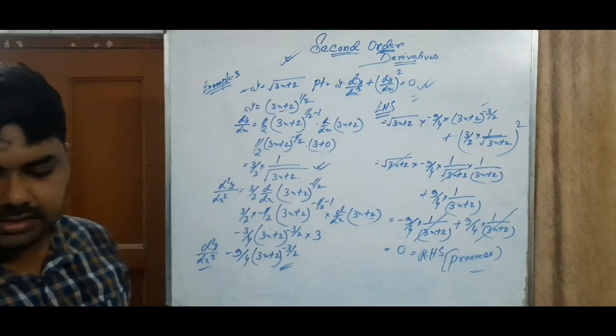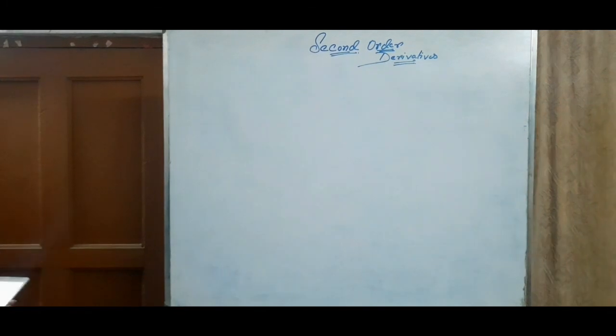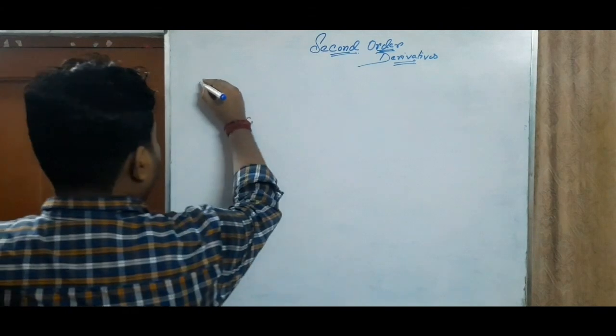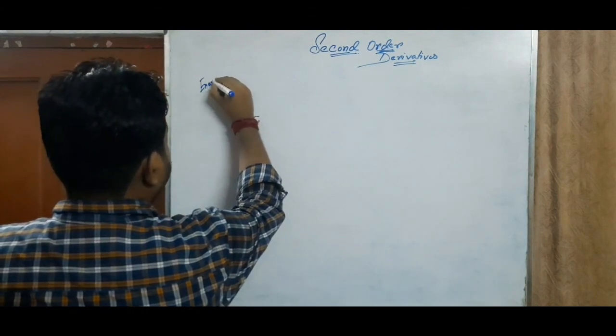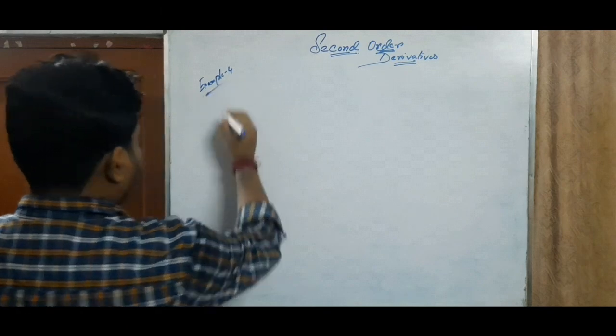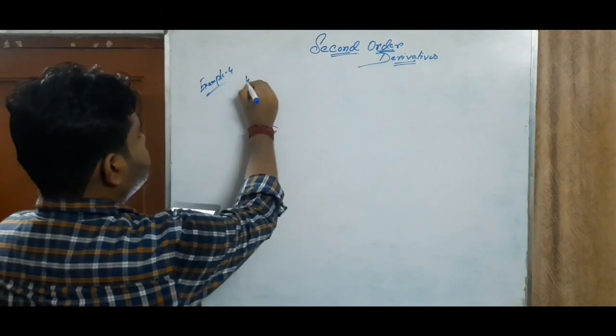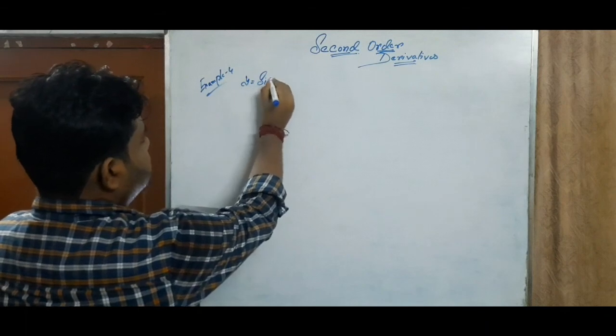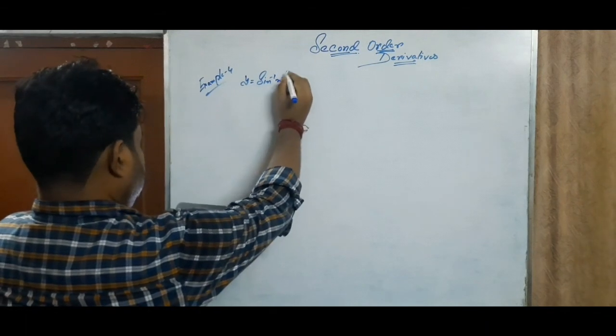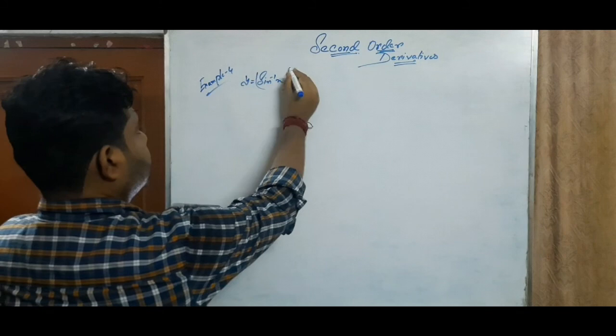Now the next, example 4. Here it is given that y equals sine inverse of x whole square.